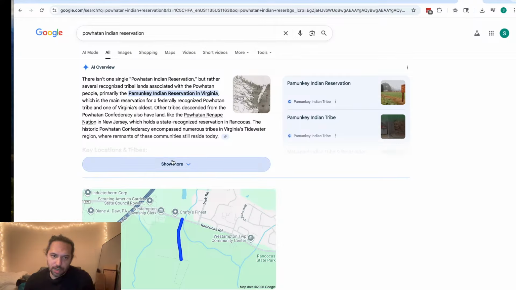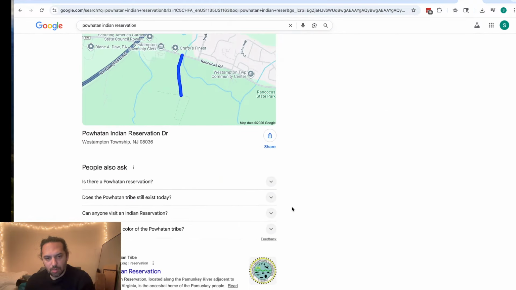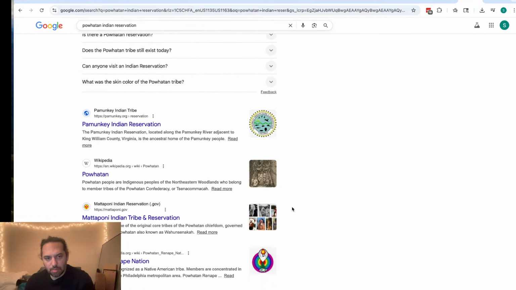Like the Powhatan Lenape Nation in New Jersey, which holds a state recognized reservation in Rancocas. The historic Powhatan encompassed numerous tribes in Virginia's Tidewater region. Oh, interesting. I'm confused.